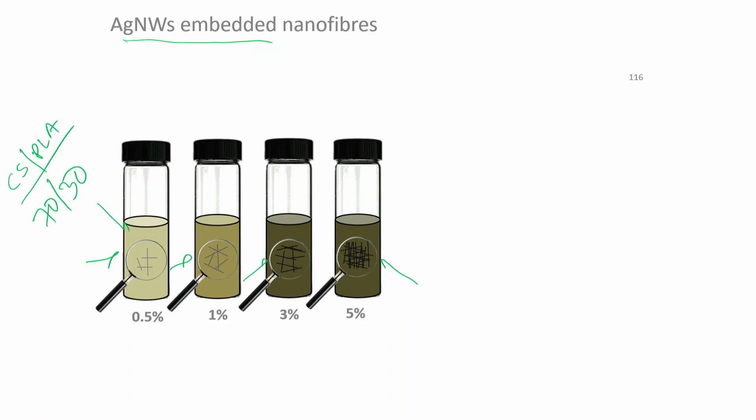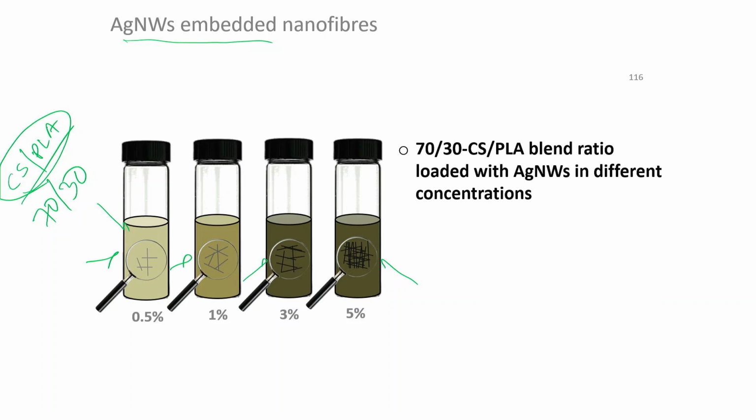The chitosan PLA blend was optimized earlier, then we developed our nanorod. So, the 70-30 chitosan PLA blend was loaded with silver nanowire at different concentrations, that we have discussed: 0.5%, 1%, 3% and 5%.